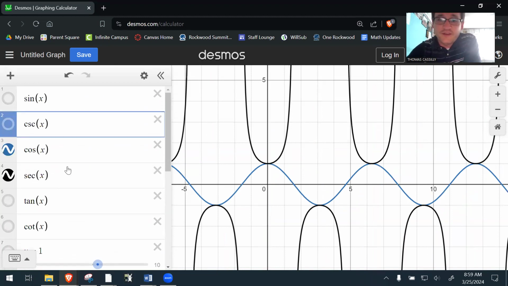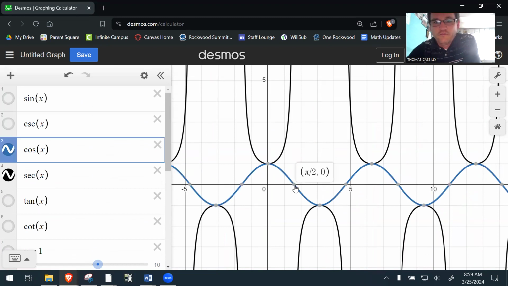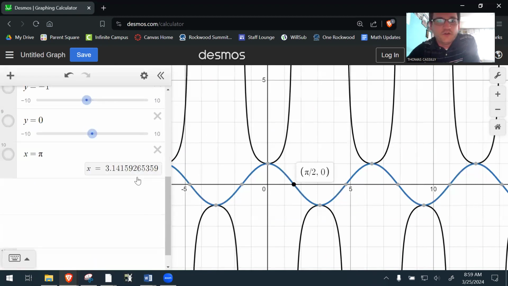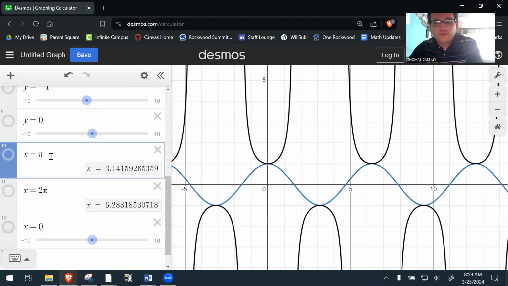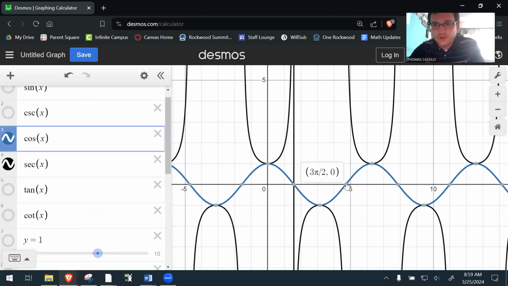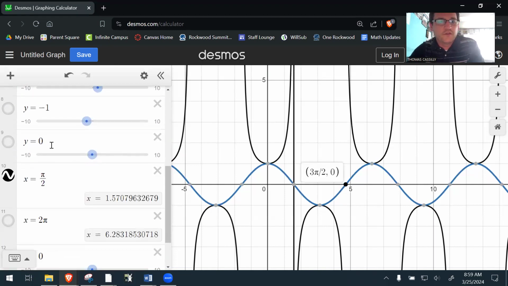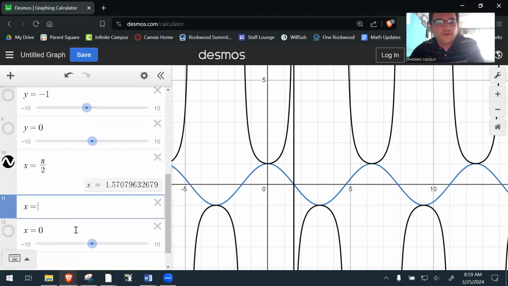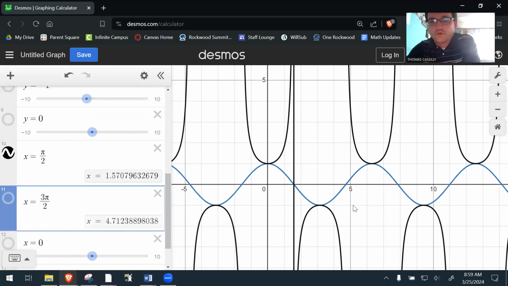if we look at the secant function, all you have to do is draw your cosine function. All right, and then let's see here, we have a vertical asymptote at pi over 2. There's going to be another one here at 3 pi over 2 because that's where it's crossing 0. So let's call this 3 pi over 2.